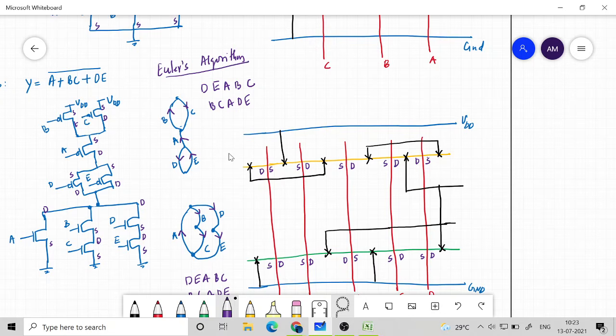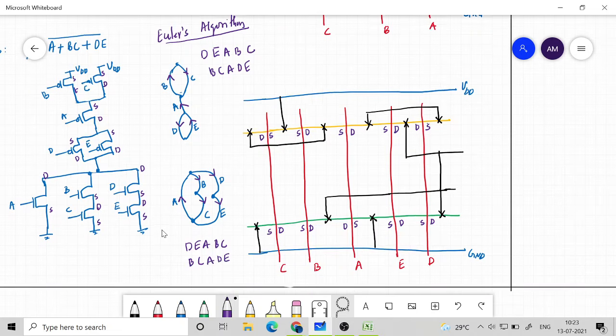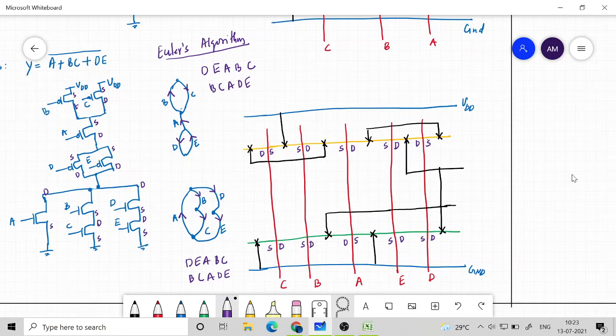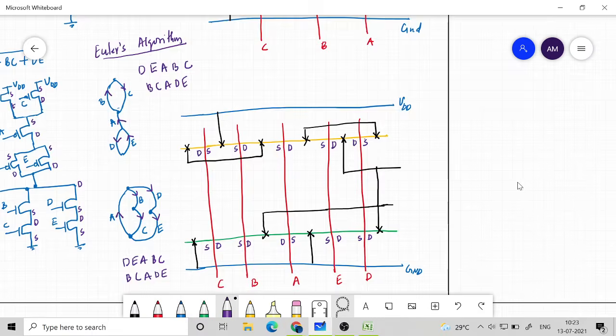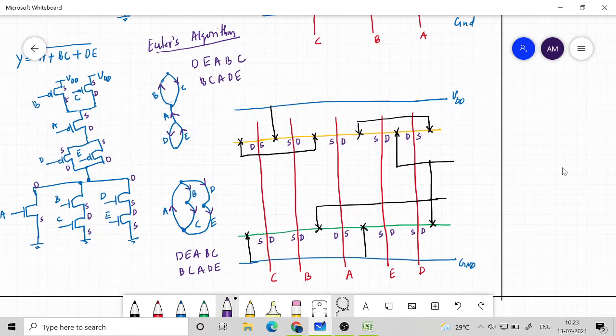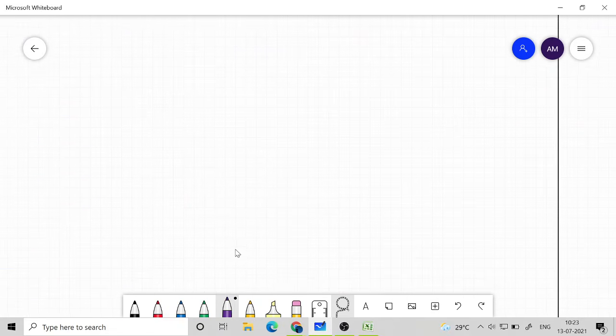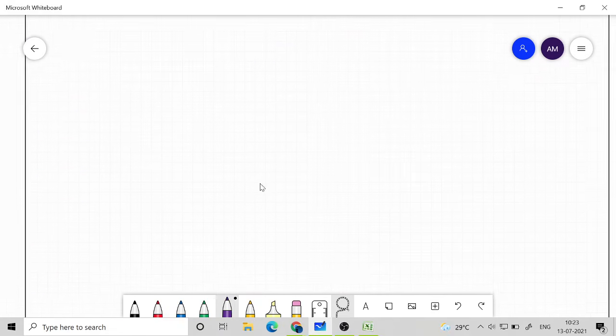That's what we are making use of, and with the help of that we are able to find out the connection. Okay, so do many problems similar to this, that will help you to understand.